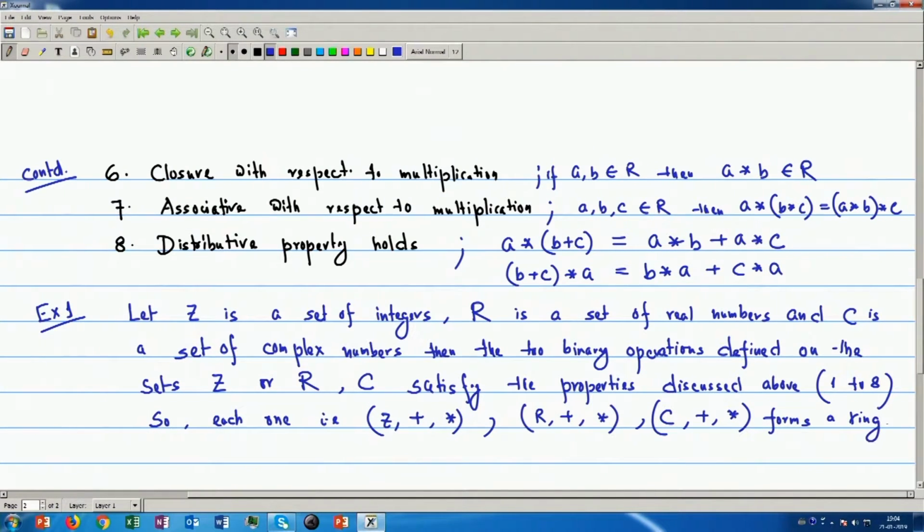And obviously, when we are considering the complex numbers, the multiplication is multiplication of two complex numbers and addition is addition of two complex numbers.